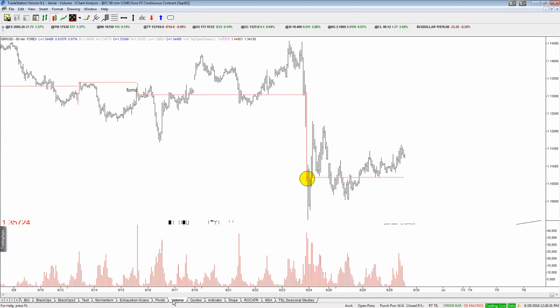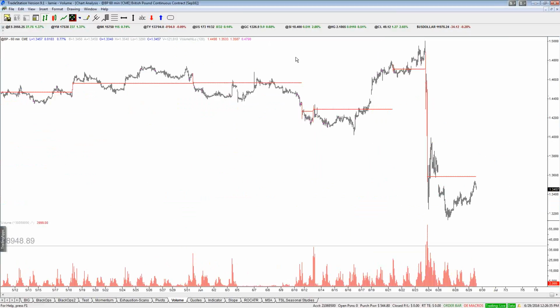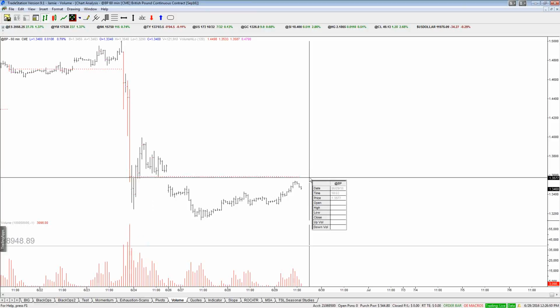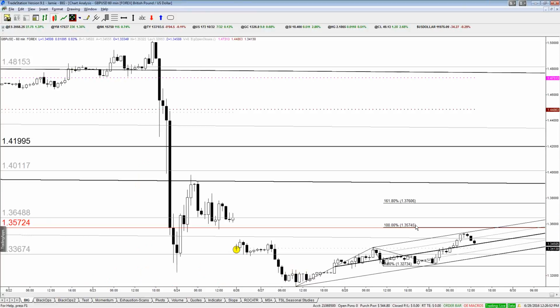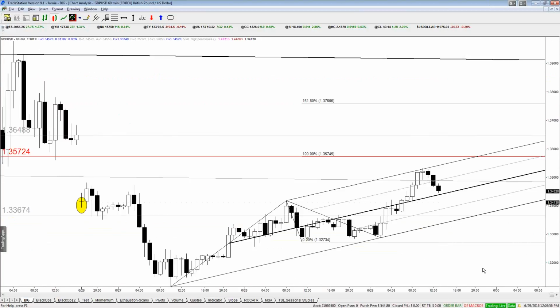Now I look at these from the standpoint of the futures and the volume. I know that's there because here it is, the volume level that was during Thursday night in the US. And there it is right there. So what I'm looking at is basically I want to sell into that.